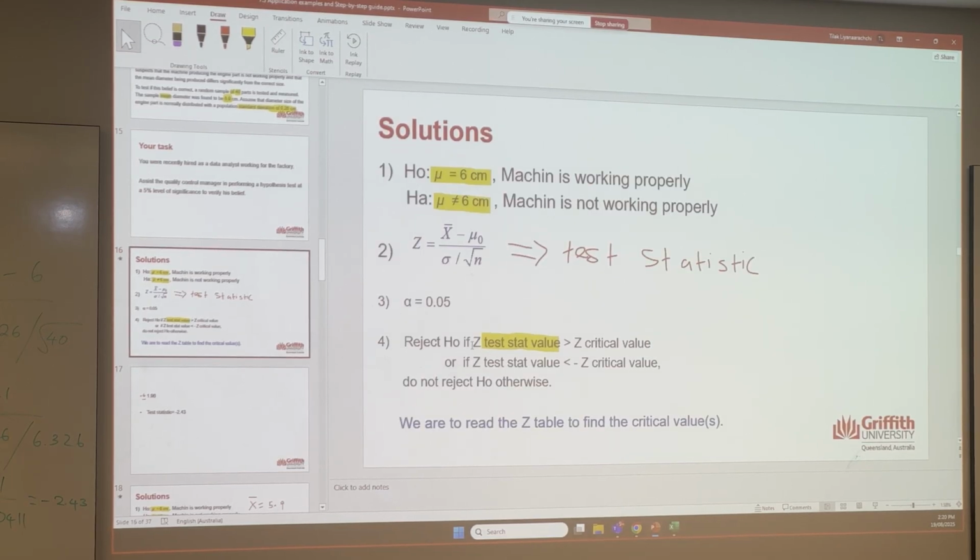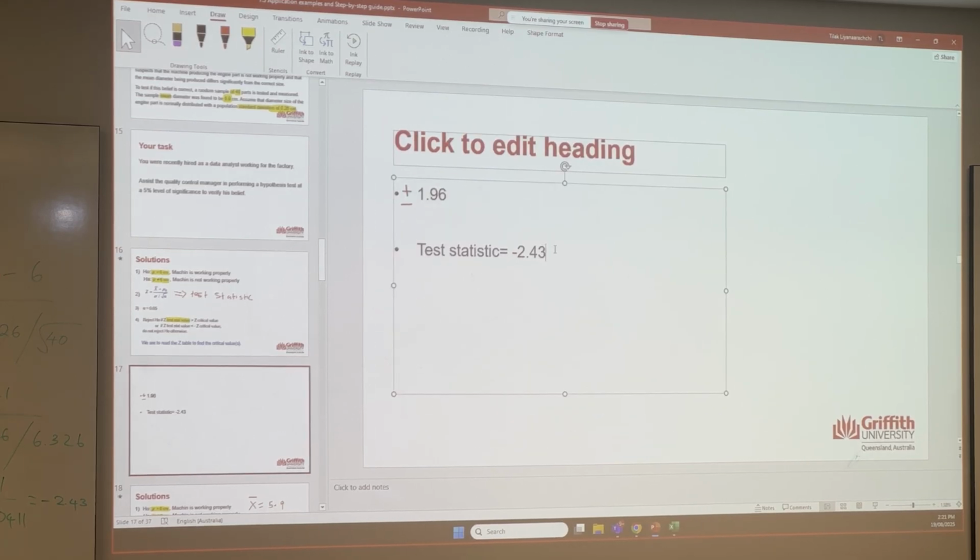Reject if the Z value is bigger than the critical value. Is it true? The question is: minus 2.43, is it bigger than 1.96?